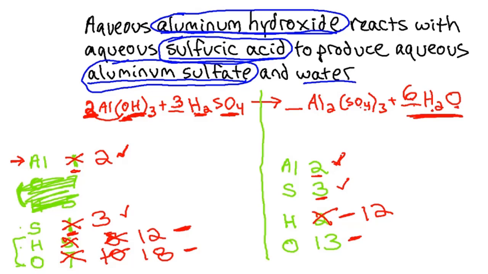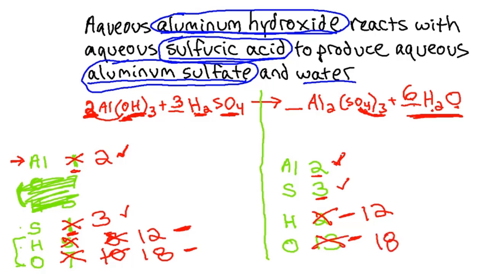And then we have 12 oxygens over here from the aluminum sulfate, because we have 4 oxygens times the 3 outside the parentheses. And so that's 12. So 12 plus the 6 oxygens we have here for 6 H2Os is going to be 18.